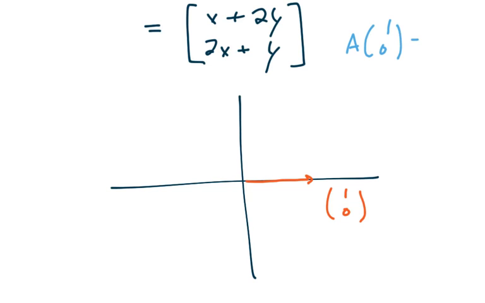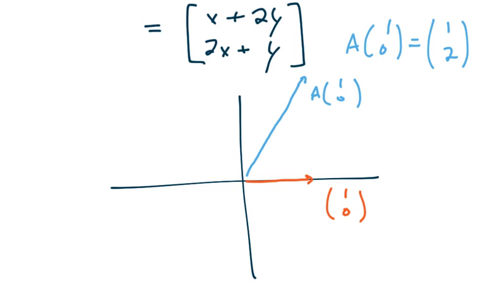A of (1, 0), according to my formula here, is going to be 1 plus 0, 2 plus 0. So that's going to be the vector (1, 2). So that's 1 over and 2 up. So something like this would be A of (1, 0). Okay, so you can see that it does look a little bit like a rotation, and it also rescales it. It's changed the length of the original vector by a bit.